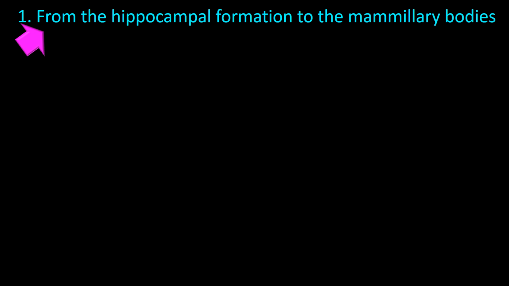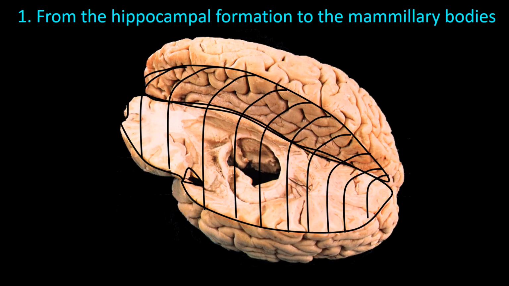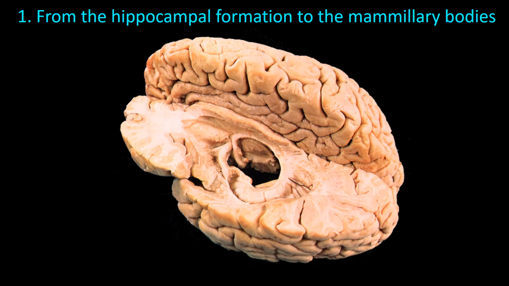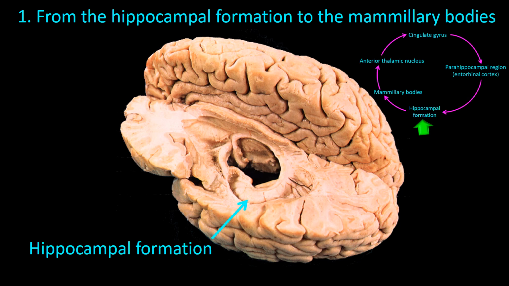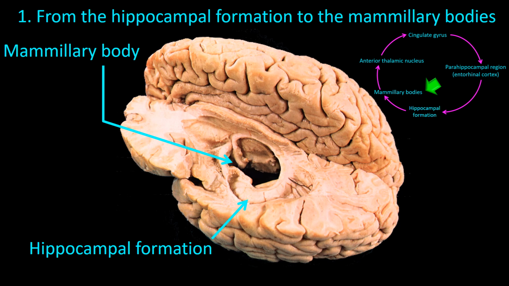I will first point out the location of the hippocampal formation. Here I have represented the brain. The black line is an attempt to portray it uncut. Now the upper half of the left brain is removed. You can see the hippocampal formation and the mammillary body, of which actually you see only one.